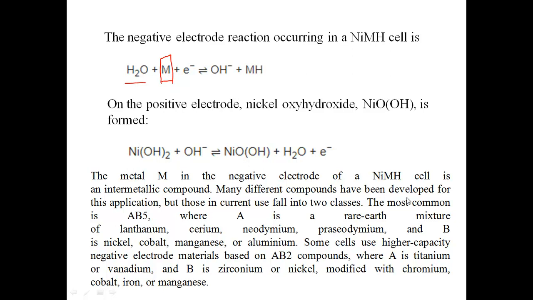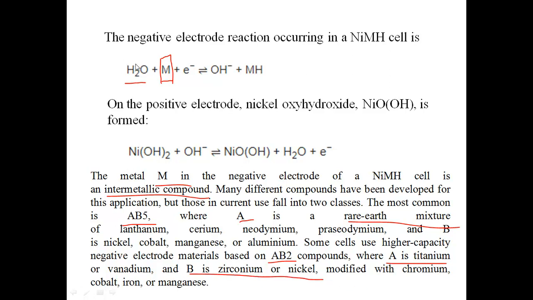It is written in the footer that M is an intermetallic compound. It can be of two types, AB5 and AB2, where A is the rare earth mixture like lanthanum, neodymium, etc., and B is nickel, cobalt, or manganese. And in AB2 type compounds, A is titanium or vanadium, and B is zirconium or nickel, etc.